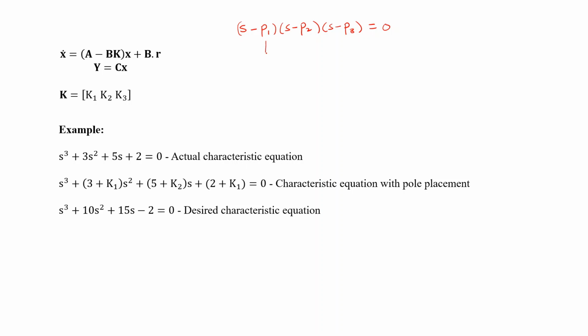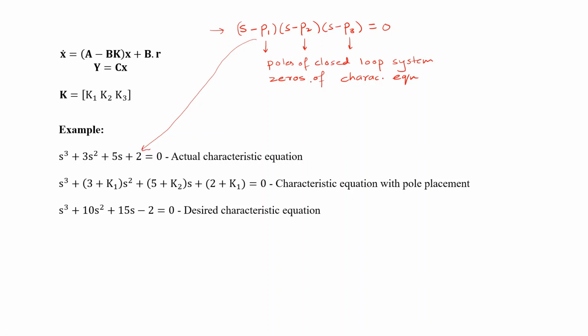Now these are the poles of the system, poles of the closed loop system, which are nothing but zeros of characteristic equation. Why? Because by putting these poles in the characteristic equation, we will get 0. So suppose that this is our actual characteristic equation and we have an example of that like this.